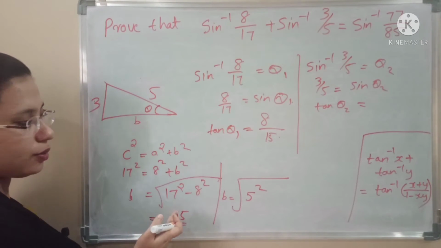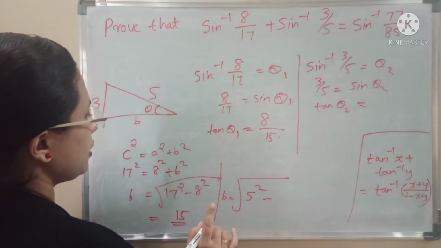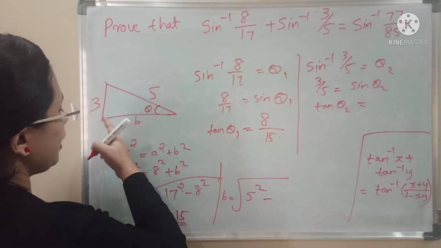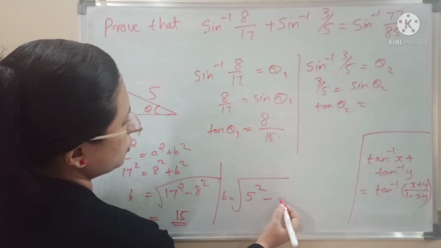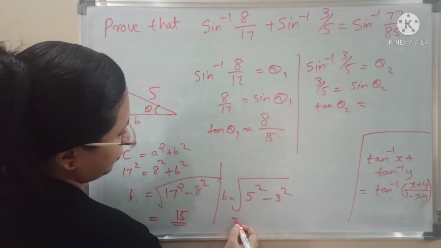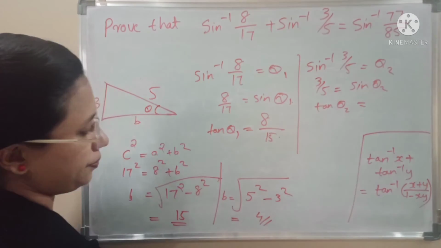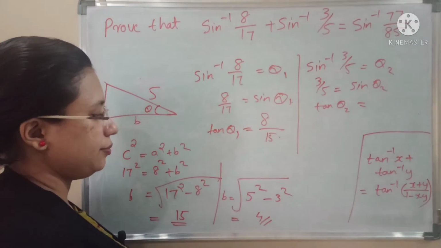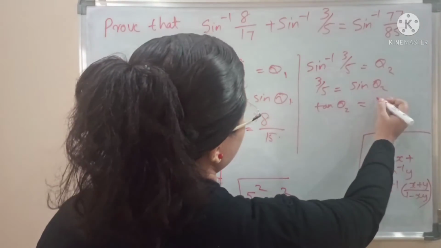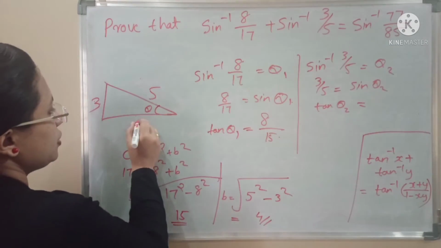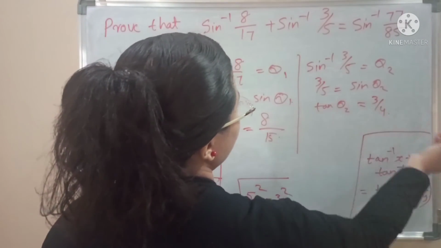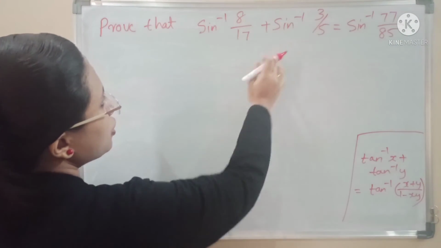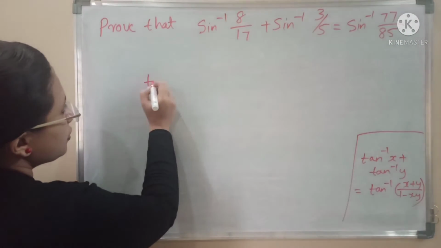The same steps, only the values are changing. 5 square minus the opposite side, that is 3 square. 25 minus 9 is 16, and root, so this value will be 4. Now this will be opposite side by adjacent side, 3/4. Clear? In place of sine inverse functions, now we can substitute tan.